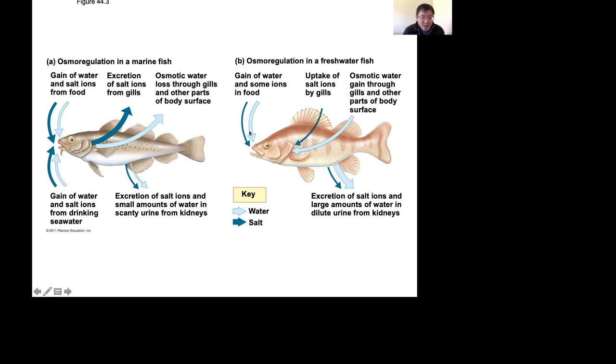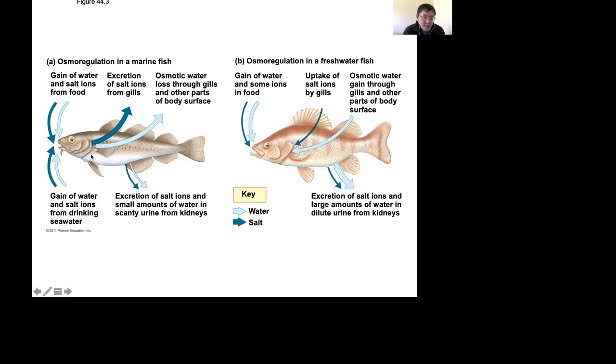Their gills will expel the salt to the ocean. Meanwhile, marine fish have specific skin tissues, which can also expel salt from their body.